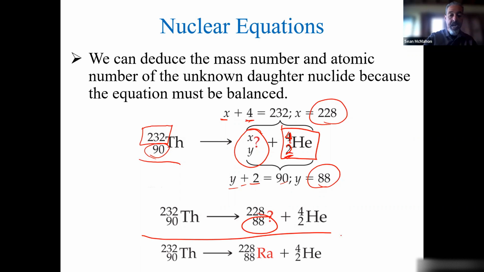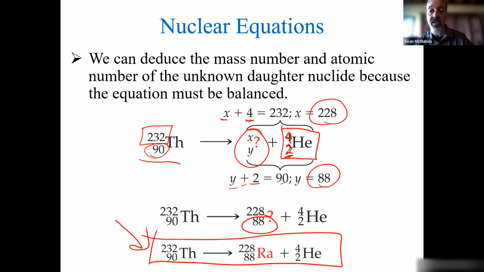So this would be a balanced nuclear reaction for an alpha decay of thorium-232. The reason why I say 232, it tells me the mass, because I know thorium always has 90 as an atomic number, otherwise it wouldn't be thorium. And I see with the alpha decay, because I lose 2 protons, I change the identity to a new element.